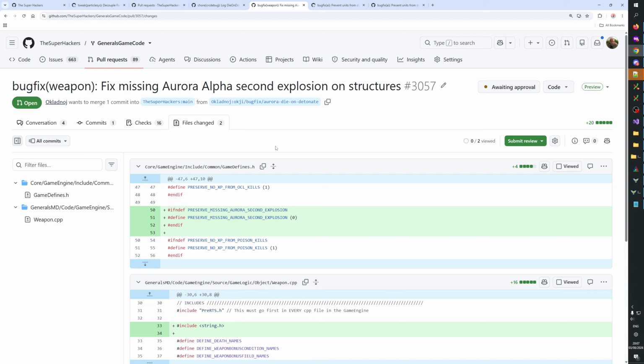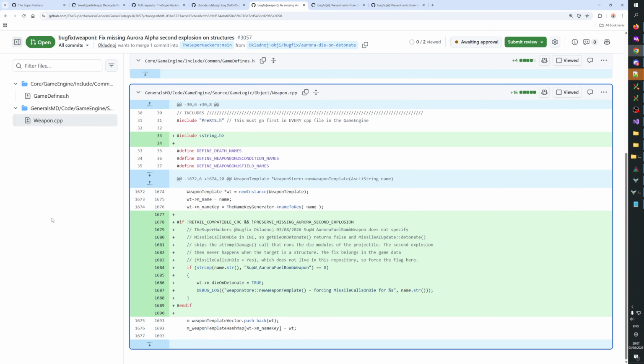Okay, so this is an attempt because apparently without this fix, it will mismatch on crossplay. Okay, so this changes the situation.